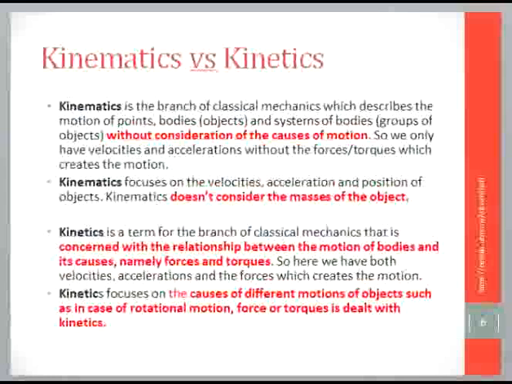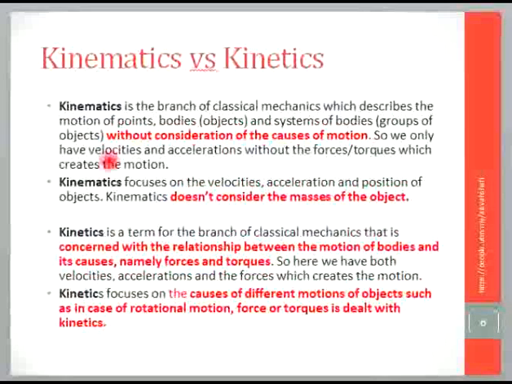What is the difference between kinematics and kinetics? Kinematics is the branch of classical mechanics which describes the motion of points, bodies, and systems of bodies without consideration of the causes of motion.